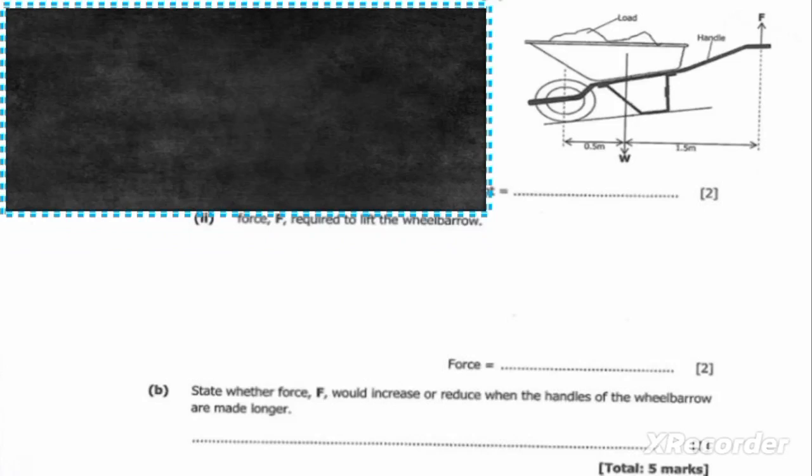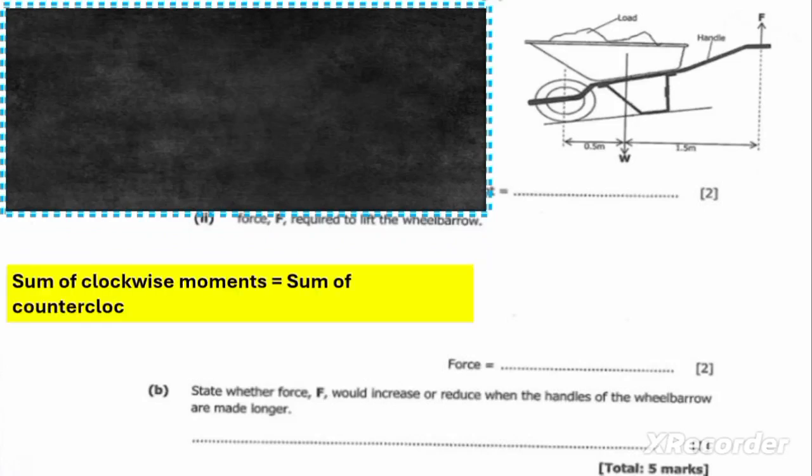To answer this question, we are also going to apply this principle: the sum of clockwise moments is equal to the sum of counterclockwise moments. F1 times distance 1 is equal to F2 times distance 2. So which one is our clockwise moment?